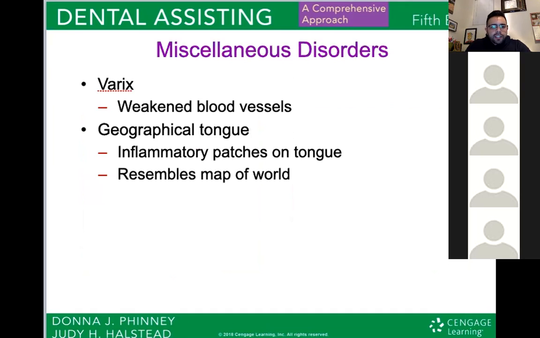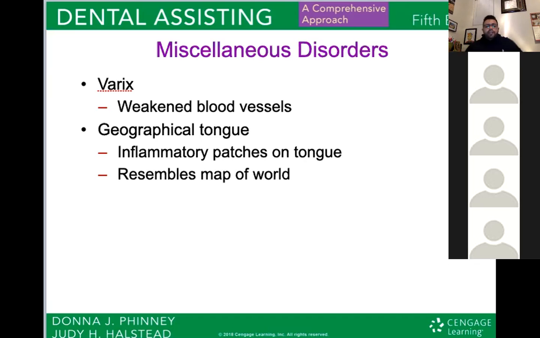A varix is a condition primarily seen in the elderly, where the normal blood vessels become weakened and extended. Geographic tongue is found in less than 2% of the population, and it's pretty interesting when you see it. Figure 27-38, on page 655, I believe, has a picture of geographic tongue.